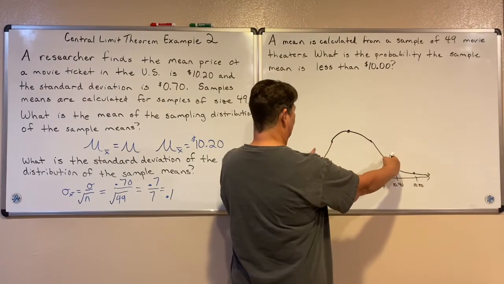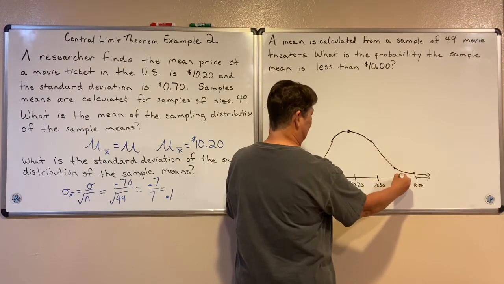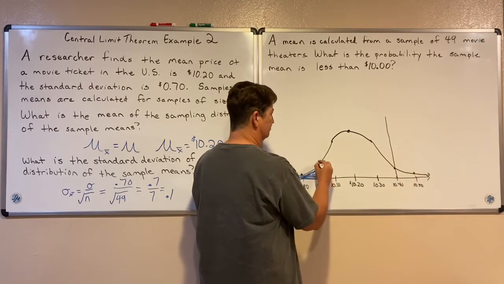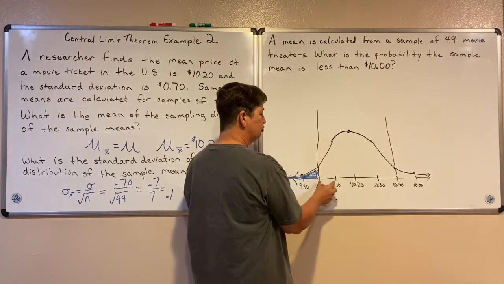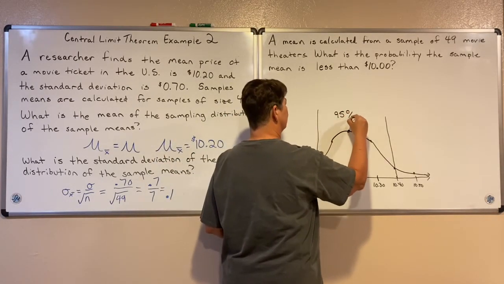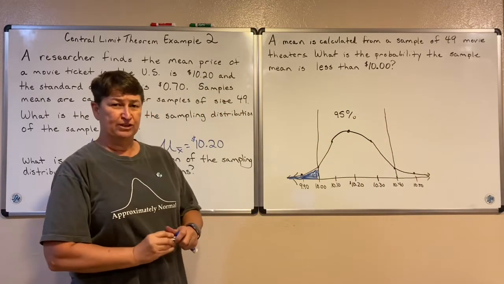We know that within 2 standard deviations is 95%, and that's the one we need here, because $10 is out 2 standard deviations. So we know that 95% of our curve is within 2 standard deviations.